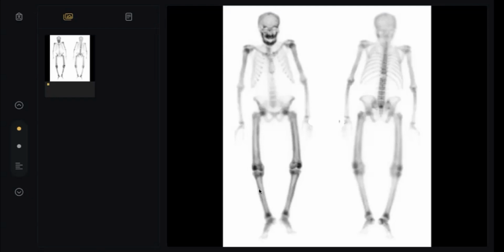Is this the expansile feature of Paget's? Is Paget's not symmetrical like this? Doctor, when you see something very symmetrical, bilateral, affecting the lower and upper limb, what comes to your mind? Sir, this bony uptake was first suspicious for hypertrophic osteoarthropathy, but then no, no, no.